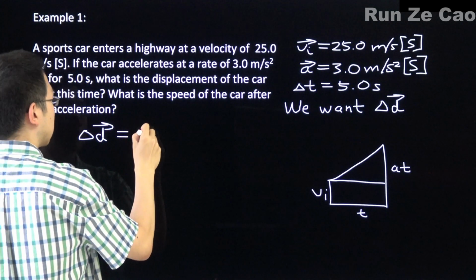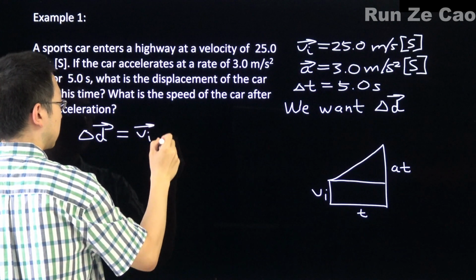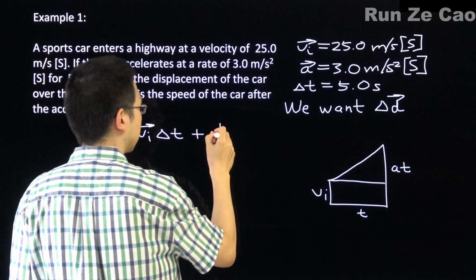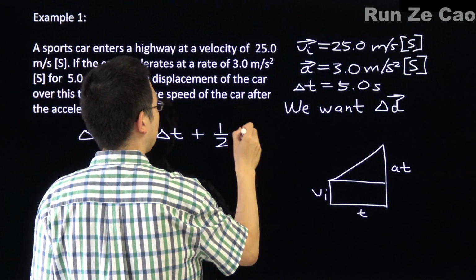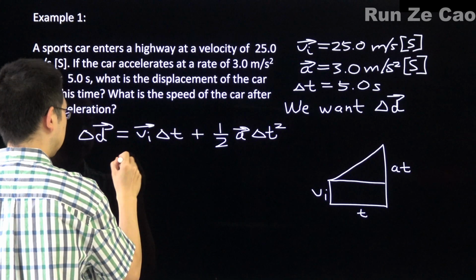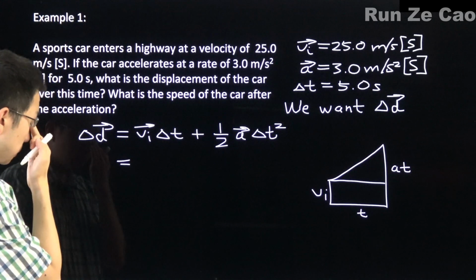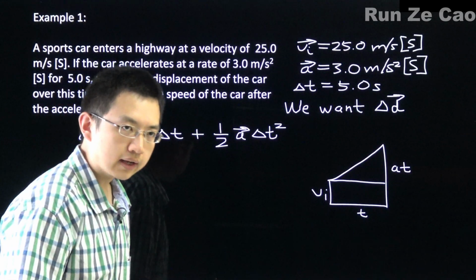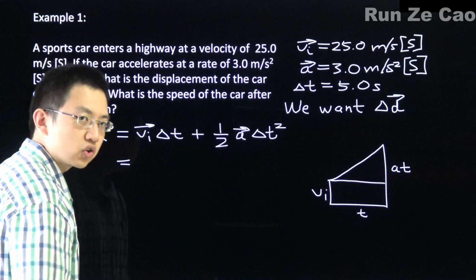Okay, so we have VI delta T plus 1/2 acceleration delta T squared, which is equal to, one of the ways that you can make sure that you're getting everything correctly is check the units.